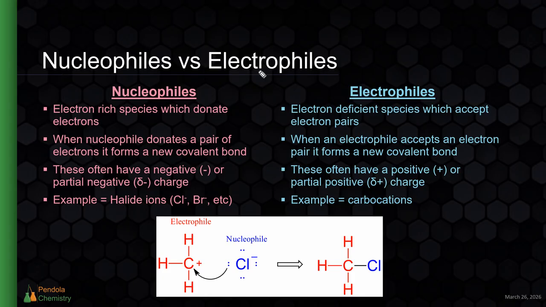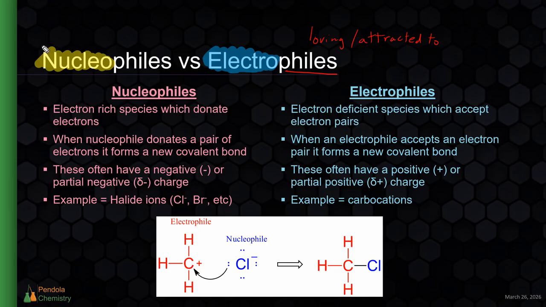A few things I want to point out about the word before we get started. Phile usually means loving or attracted to, whereas the beginning of the word tells us what they're attracted to. So we have nucleo in nucleophiles and electro in electrophiles. The easiest way to remember this is by remembering what these two words are related to.